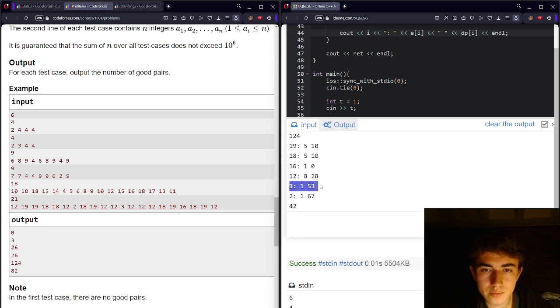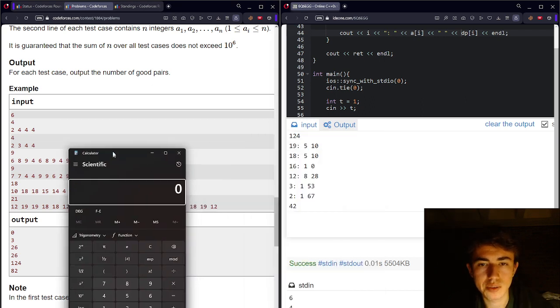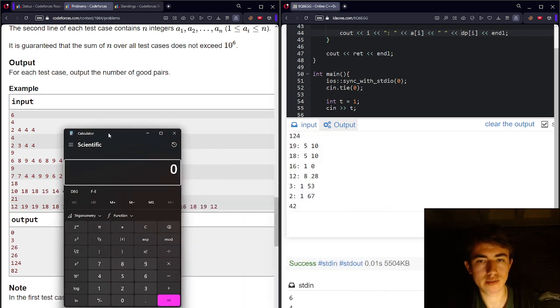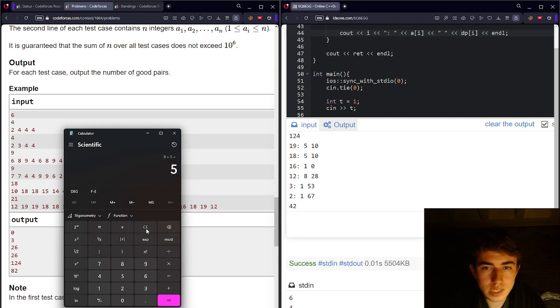3. We have 1 value of 3, okay? And that adds, let's see, what should 3 be? Just doing it by hand. Well, we should be adding the pairs that 3 is paired with. So we have 8 plus 5, 8 plus 5.